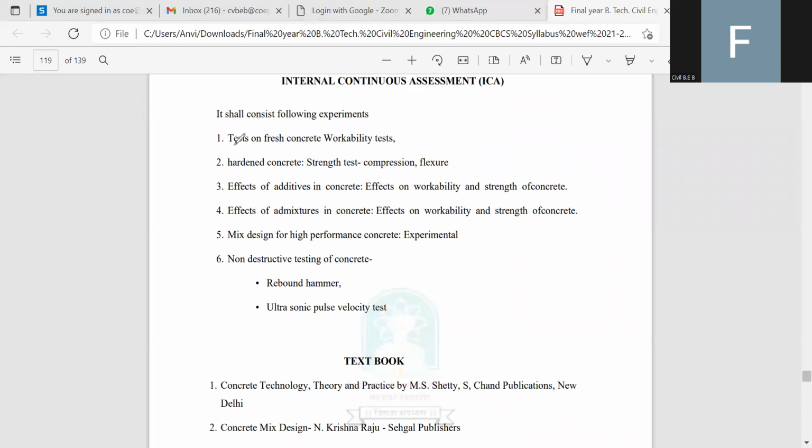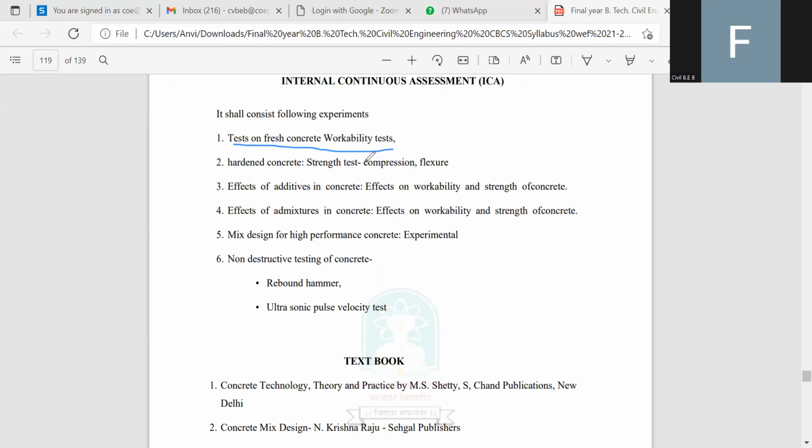Okay, so experiment number 1 is the test on fresh concrete: the workability test. We have performed the workability test in Concrete Technology also. There is an instrument related to workability, and we have to perform that workability test on the fresh concrete. That is the first experiment. So workability, what does it mean? As we discussed in the morning, workability depends on the water cement ratio.